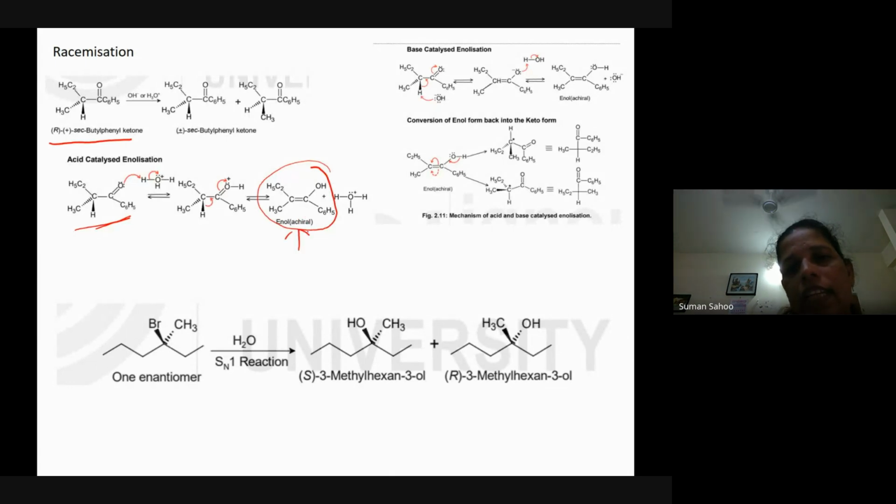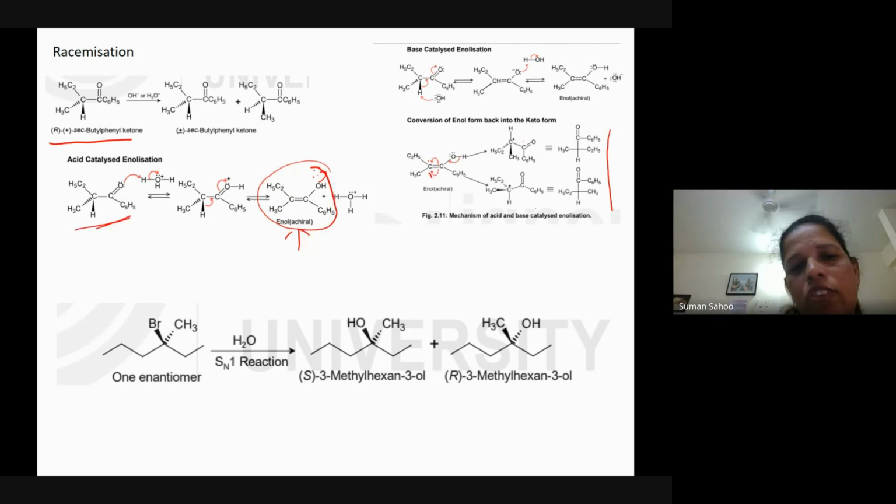As it is achiral, the hydrogen can again come back and add to this face of the carbon or this face of the carbon, resulting in the formation of both enantiomers. So starting from one enantiomer, you get both enantiomers, a racemic mixture.